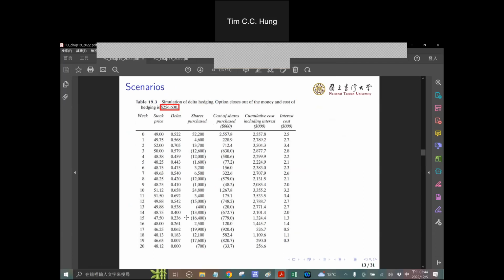Let's consider a situation where the European call will not be exercised, namely, the price of the underlying assets is below the exercise price, the strike price. So it goes from 49 to 49.75, and so on. Assume that we see the price decrease to a level lower than $50 and it stays there until the end of week 20.